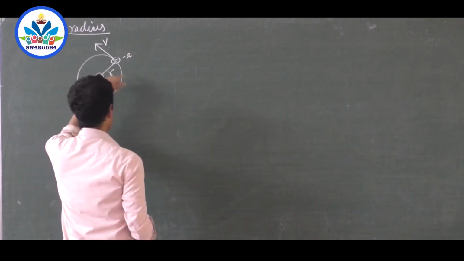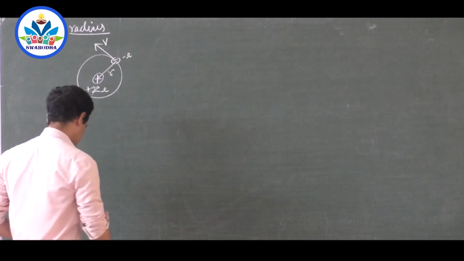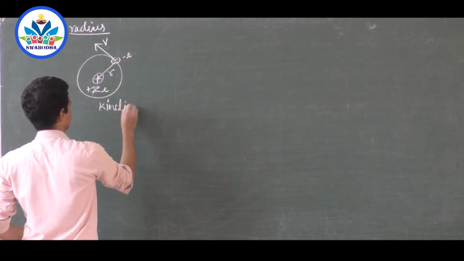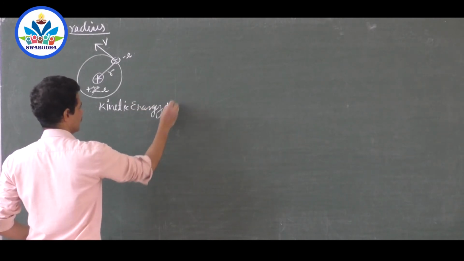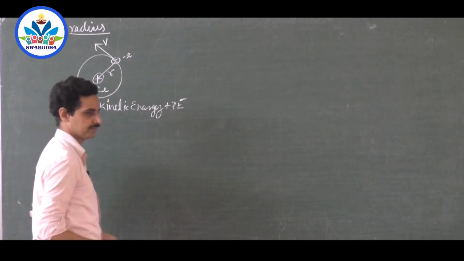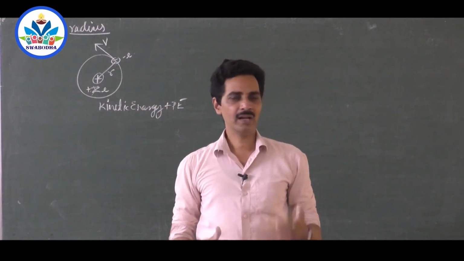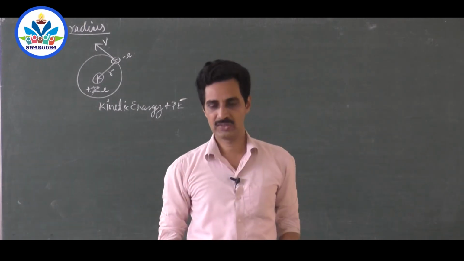So this electron moving in the circular path has some velocity, so it will have kinetic energy, and it will also have potential energy. An electron revolving around the nucleus has both kinetic as well as potential energies.